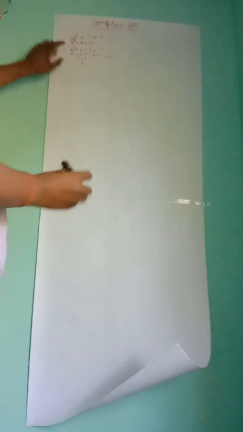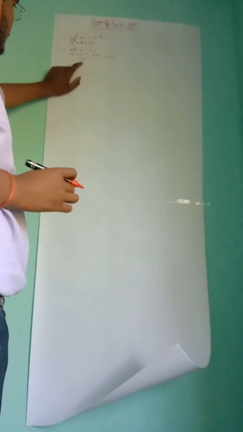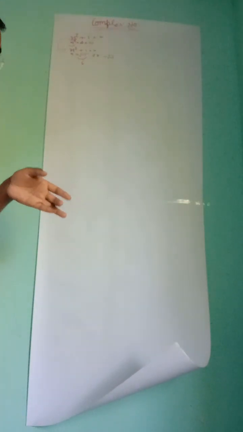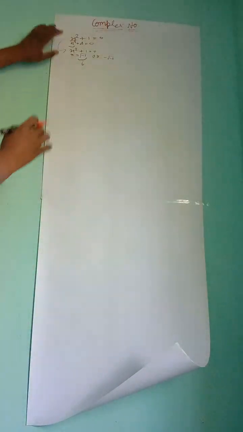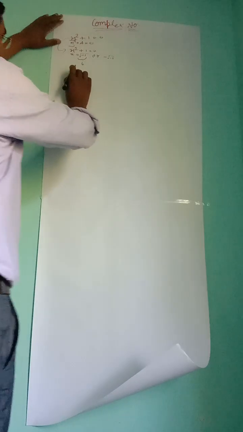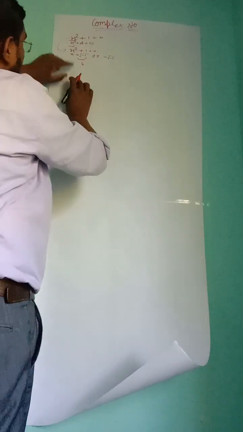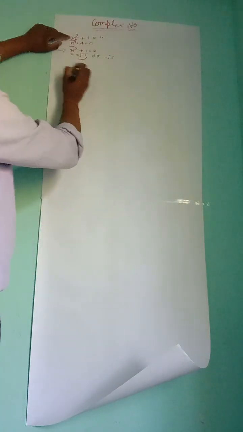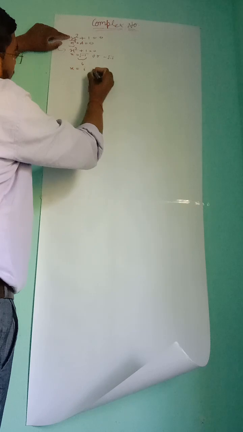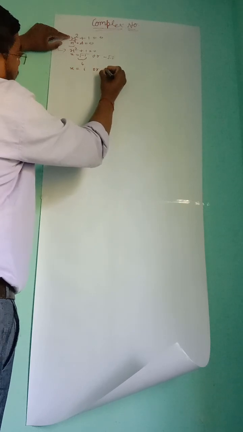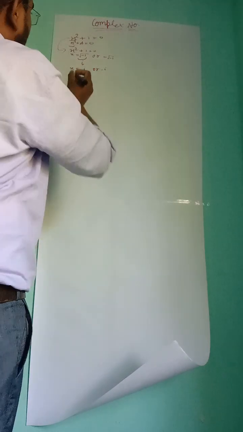This is iota, the ninth letter in the Greek alphabet. If we put here iota and minus iota, then this equation is satisfied.